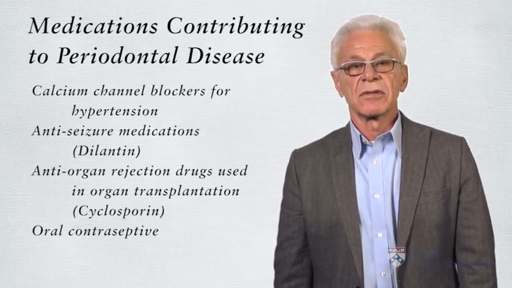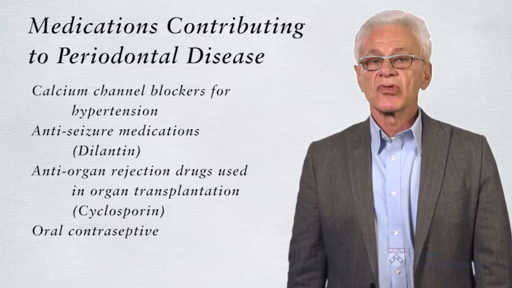Poor nutrition also can compromise the body's immune system. Obesity may increase the risk of periodontal disease, and vitamin C deficiency, such as scurvy, can lead to gingival inflammation, collagen deprivation, and tooth loss. There are other conditions which have also been associated with periodontitis, and those are currently being investigated.